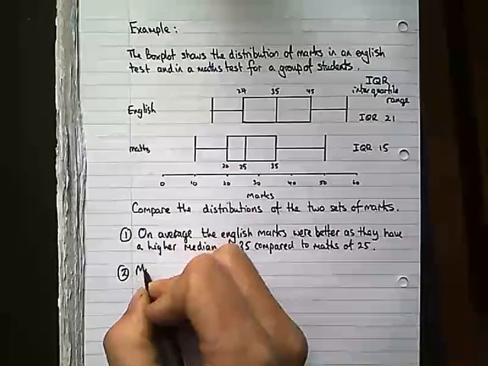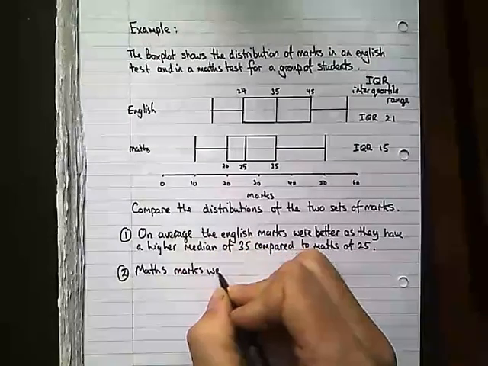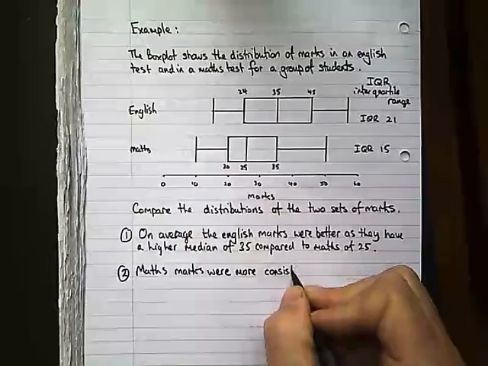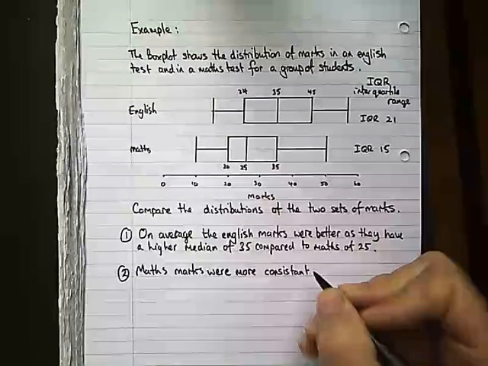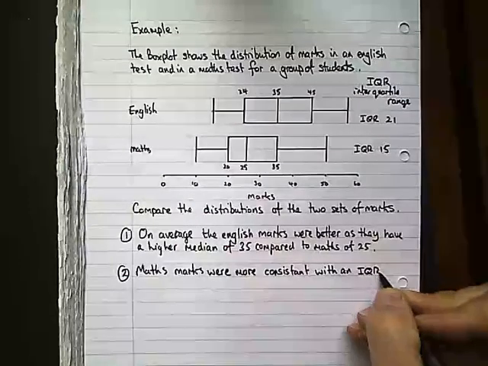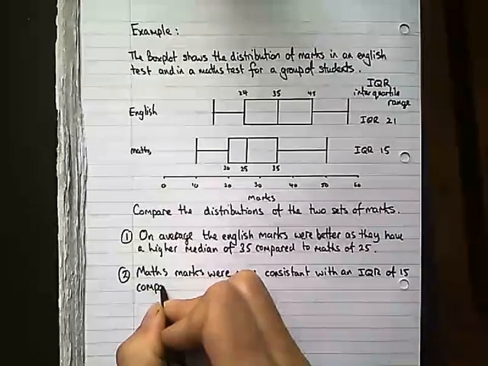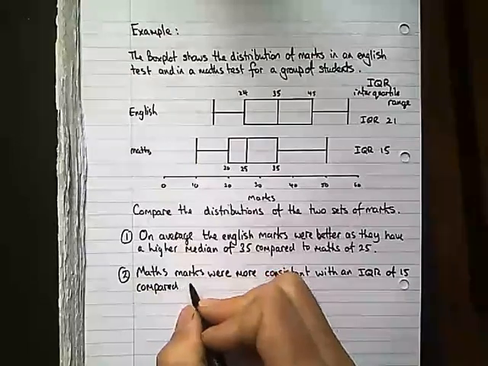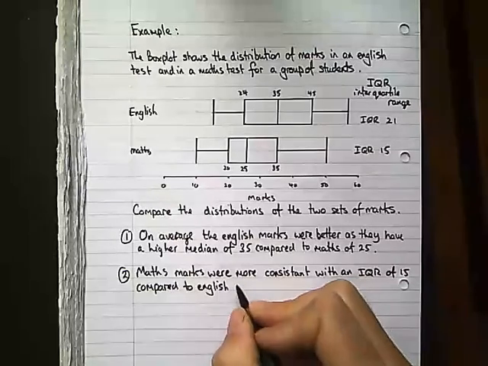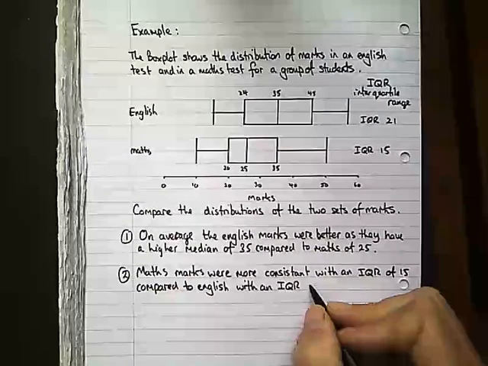So maths marks were more consistent with an interquartile range of 15 compared to English, maybe I should have put a capital E, with an interquartile range of 21.